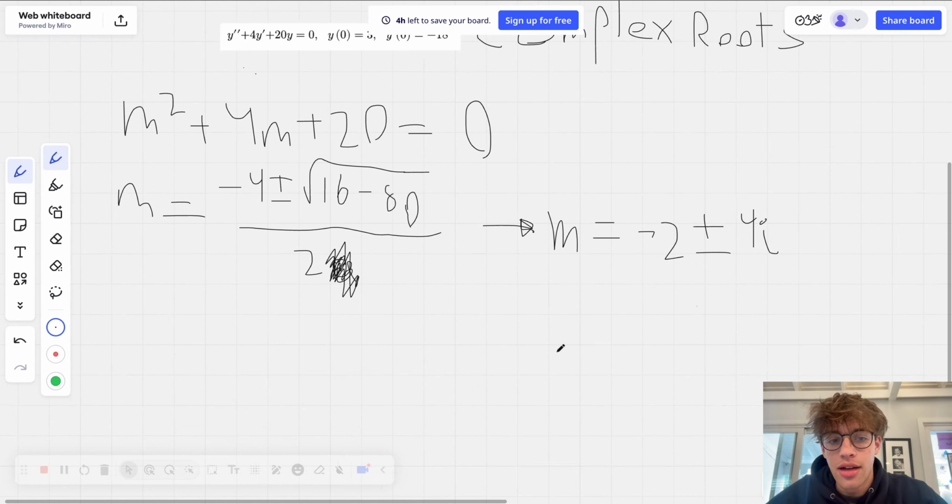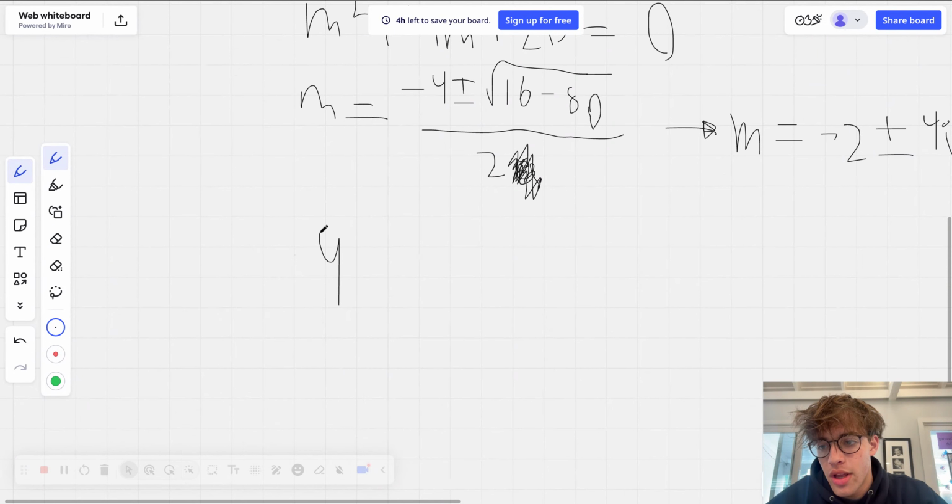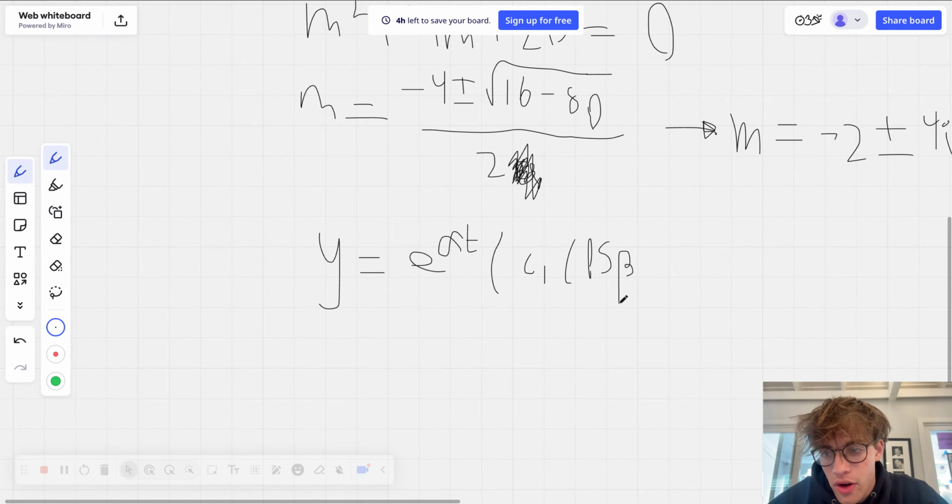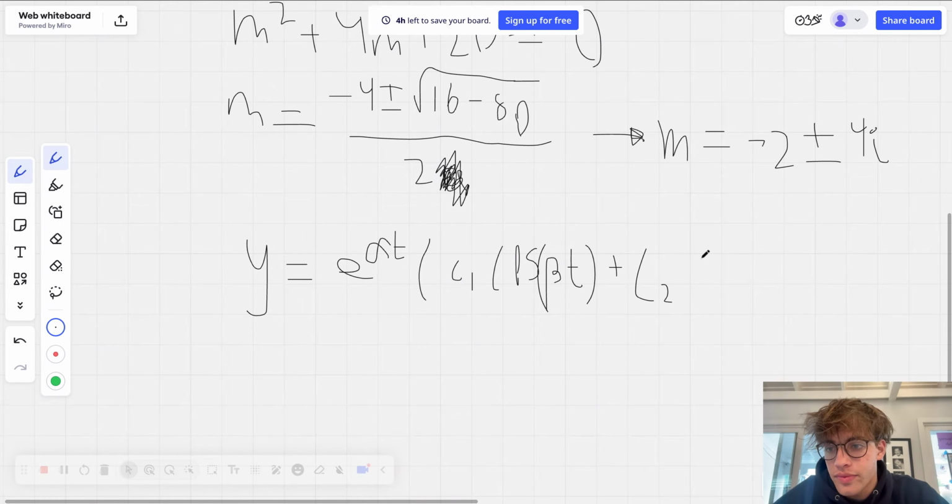We know that with complex roots, the solution comes in this form: y equals e to some constant times t, times c1 cosine of another constant times t, plus c2 sine, with the same constant as this, times t.